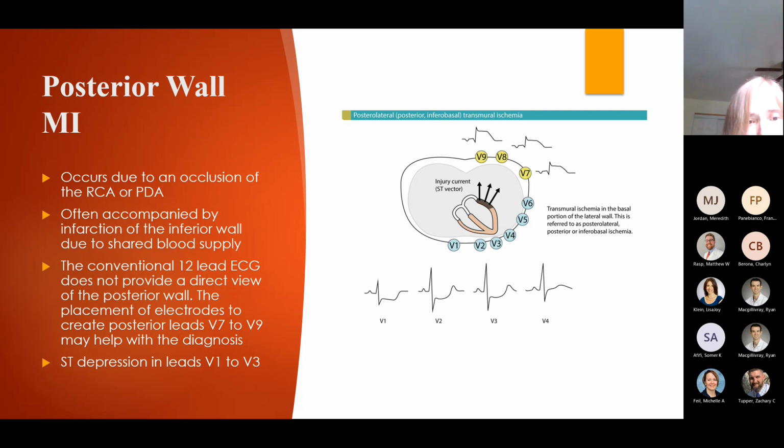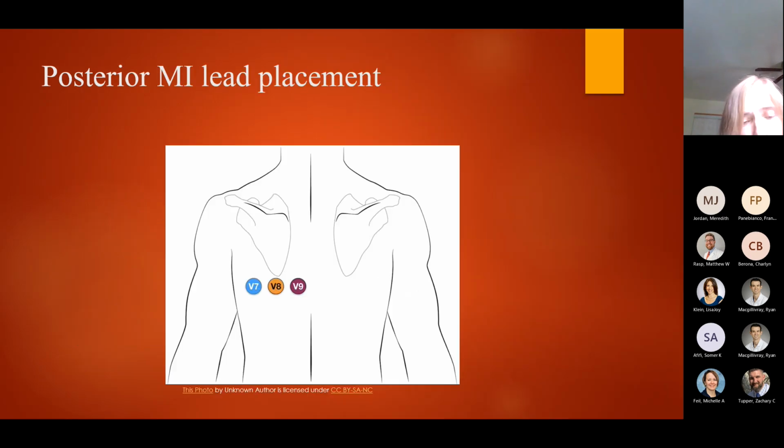On a 12 lead EKG, I'll show you in the next slide how to do it, you will see depressions, as I mentioned before, in V1 to V3, and that's how you do posterior leads. I usually never do it, but that's how it can be done. So V7 would be your V6, V8 would be your V5, and V9 would be your V4.